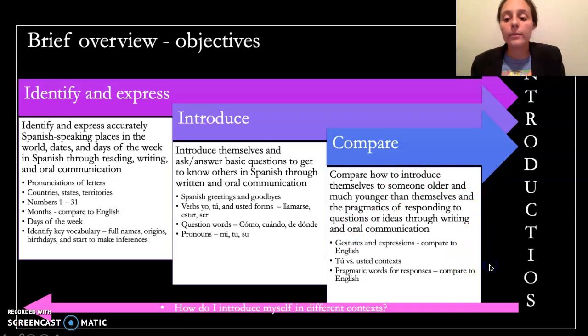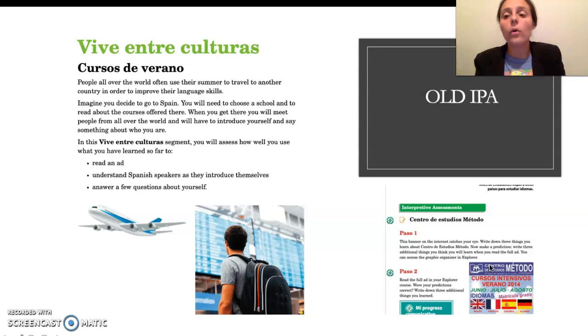Now we'll move on and see the old IPA. As you can see, this old IPA was asking students to travel to Spain for the summer, and once they got to Spain, they had to choose a new school to attend by looking at an online advertisement, talking with their future teachers, and listening to their new classmates converse.